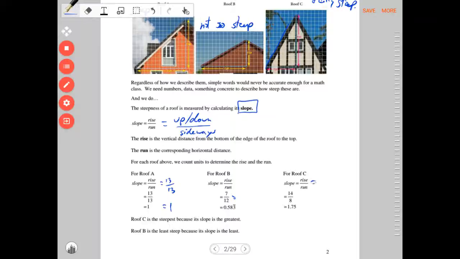Now for roof C, when we count those points, we measure 14 units up and 8 units across. That's a slope of 1.75, so roof C is the steepest because its slope is the greatest. Roof B is the least steep, or the most shallow, because it has the least slope.